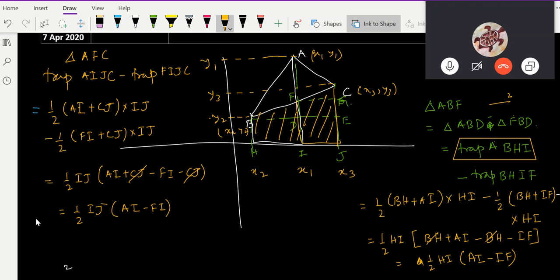So now I'm going to add these two: triangle AFC plus triangle ABF, right?